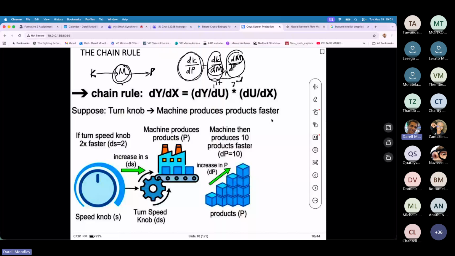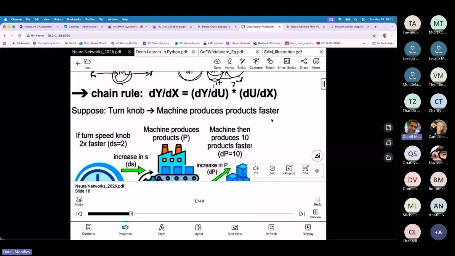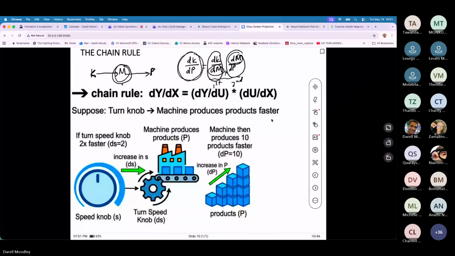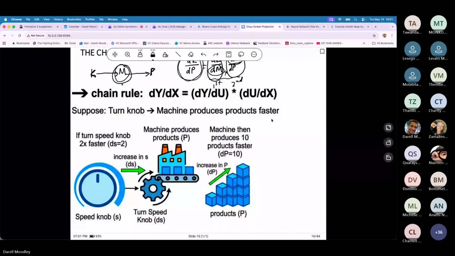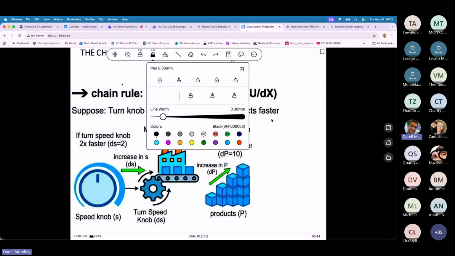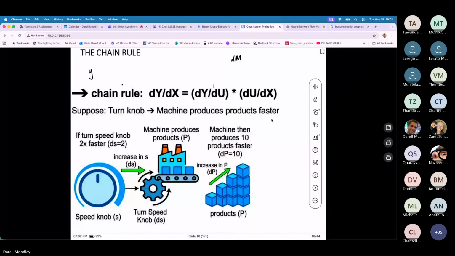So for instance, let me erase this. Let's say I start with Y. Now Y is linked to G, and G is linked to F, and finally F is linked to X. If I want the derivative of Y with respect to X, I can't get it directly.